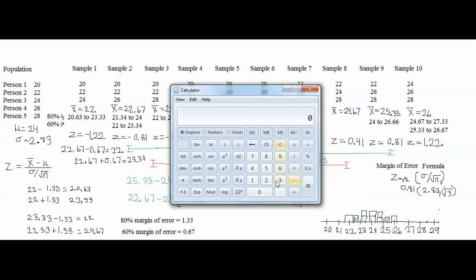Let me double check it. The square root of 3 was 1.732. So it's 2.83 divided by 1.732, which equals about 1.63.